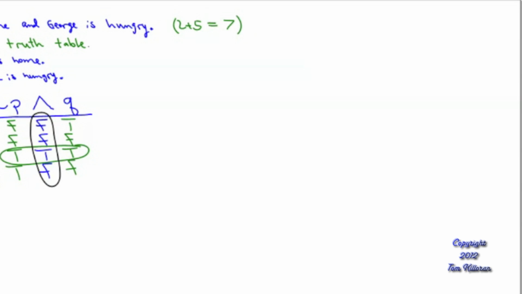How about this one? Now the P and the Q are not changing.